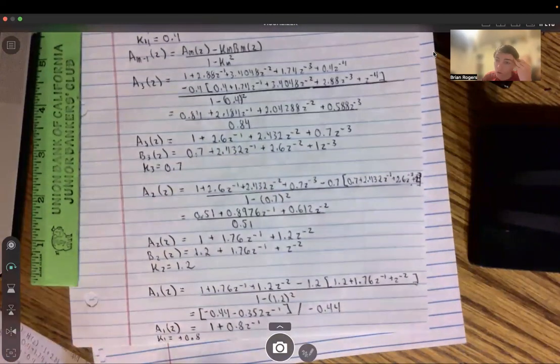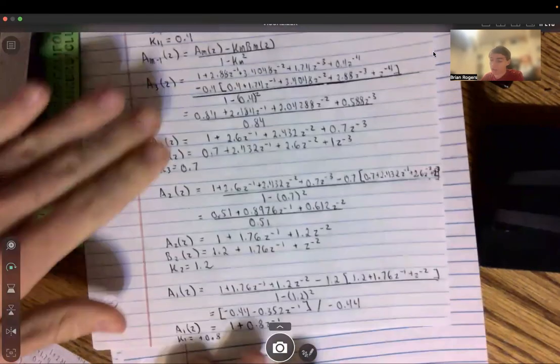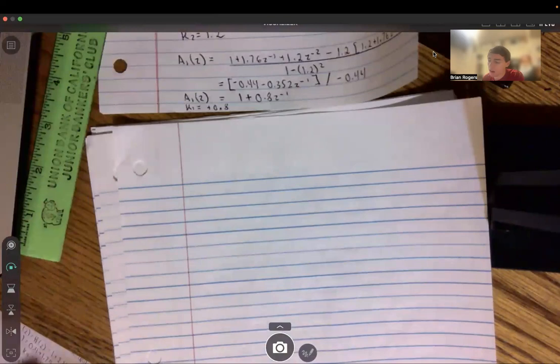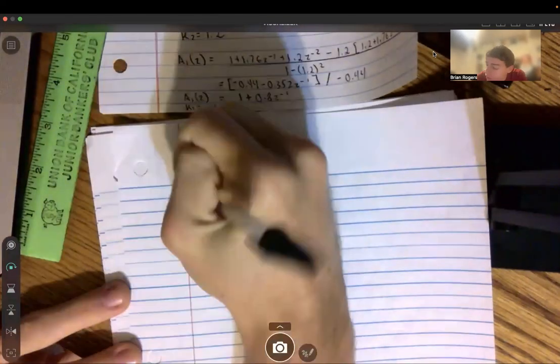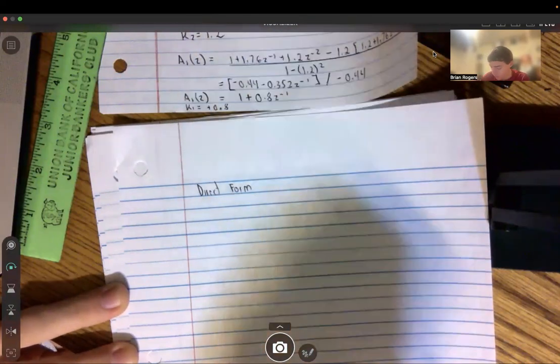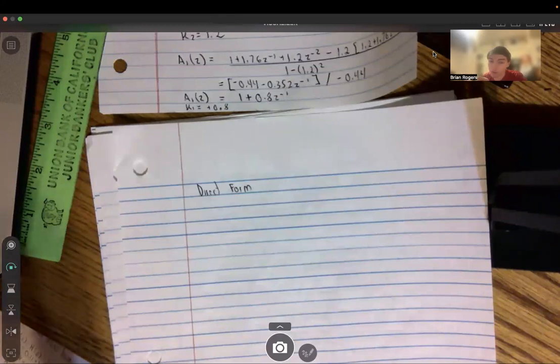Now that we solved for all of this, what you're going to notice is when we have our direct form, basically when we need to make our flow chart, because they wanted us to sketch the direct form and lattice form realization of the filter. How are we going to do that? So the direct form deals with an input and an output, x of n and y of n.